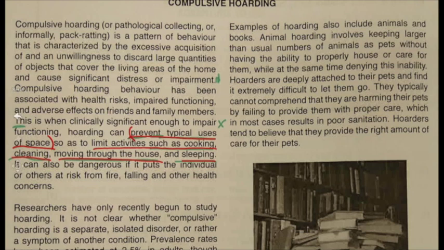Secondly, it can limit activities such as cooking, cleaning, moving through the house, and sleeping. Those are everyday activities, and you need to use your space every day. So it limits that. It prevents typical uses of space. You can present either of the two as your answer in this one.